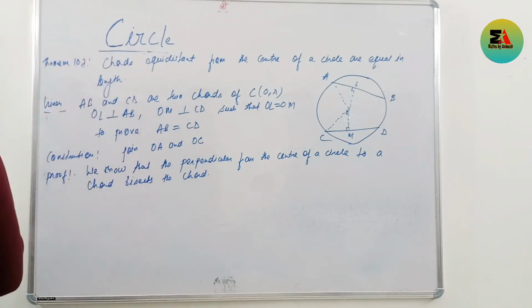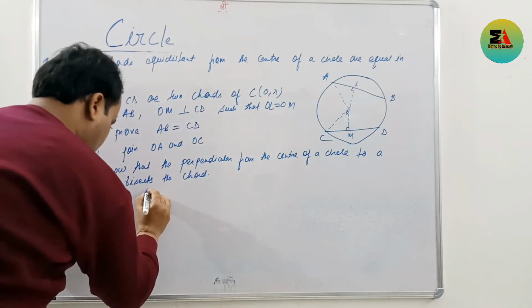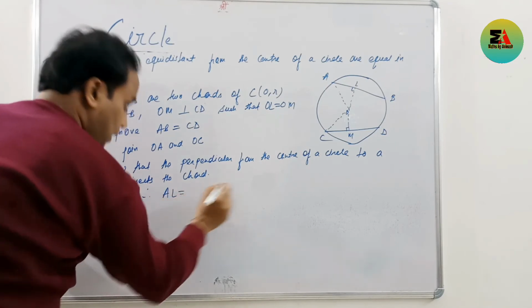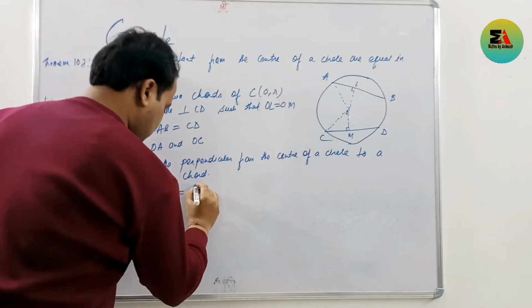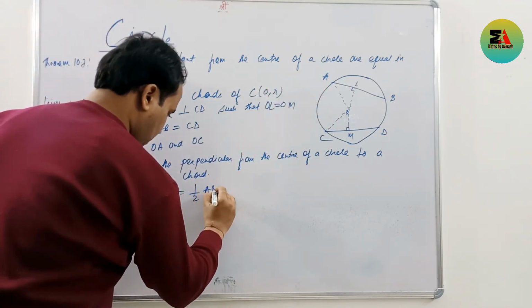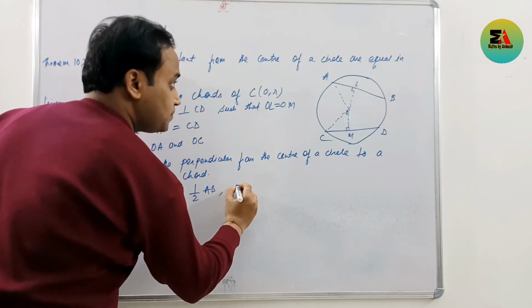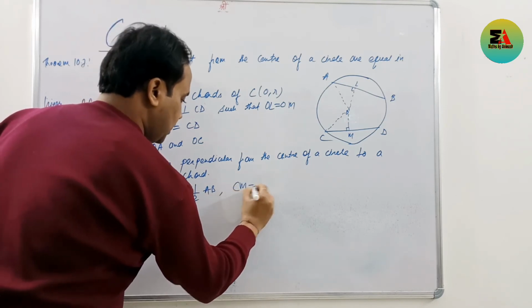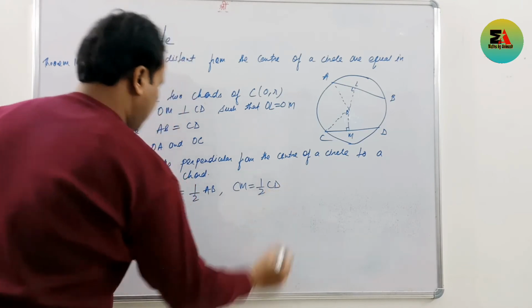We know that. Therefore, from this statement, AL is equal to half of AB, same as CM is equal to half of CD.